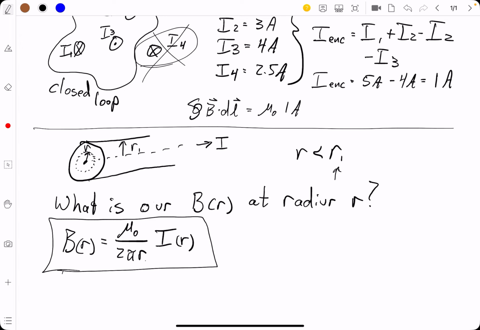So the hard part, this is the easy part. This is the hard part. So let's get what that current enclosed is. Okay, do you guys remember J? J is equal to our current density.